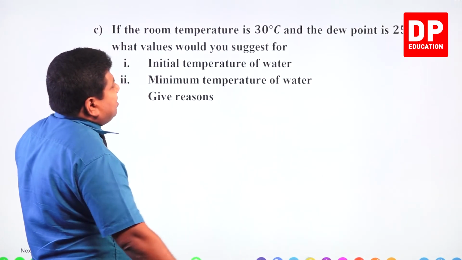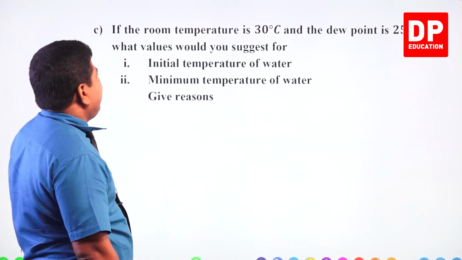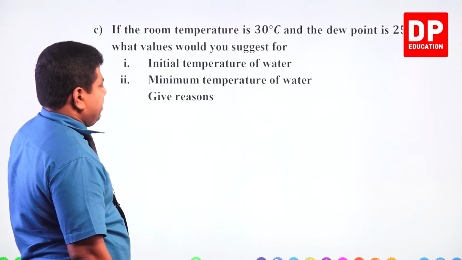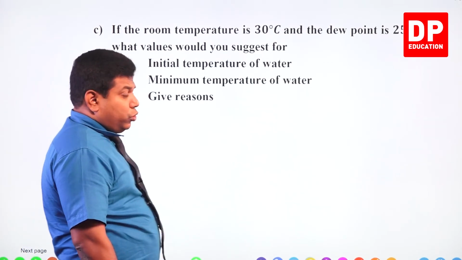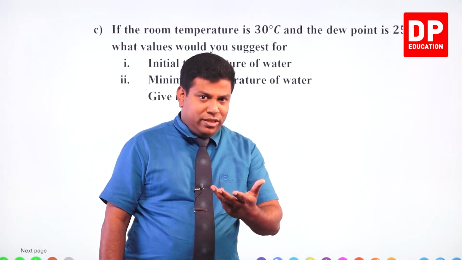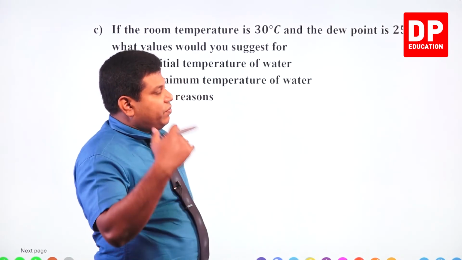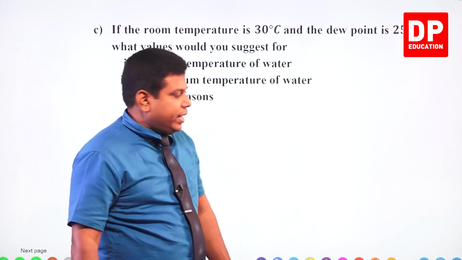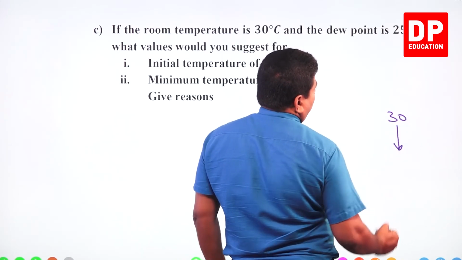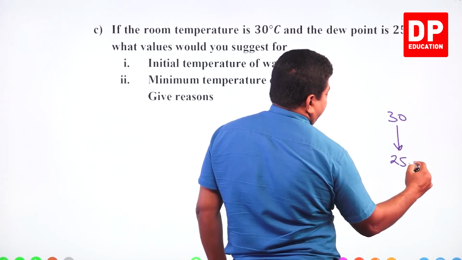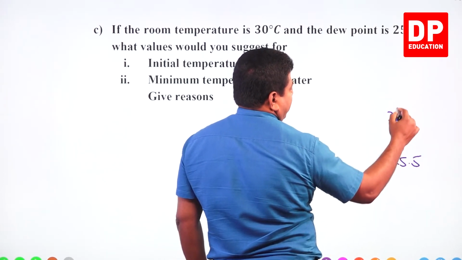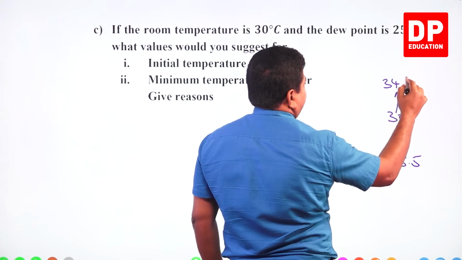If the room temperature is 30 and the dew point is 25, what values would you suggest for the initial temperature and the minimum temperature? See, you should not go below the dew point. We have seen in the previous question what happens when the dew point is crossed. There will be dew and all, right? So we have to make sure we finish the experiment above 25. Let's say room temperature is 30, you can't go to 25. Let's say I finish at 25.5, so that means we have a gap of 4.5. The upper one is 34.5.